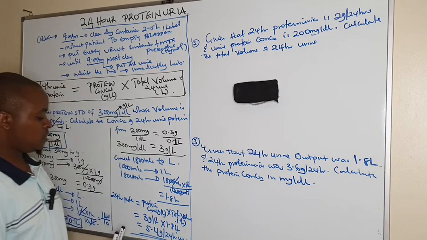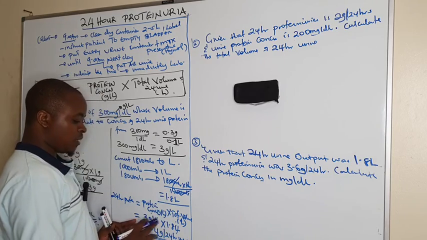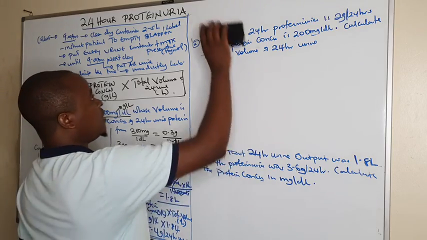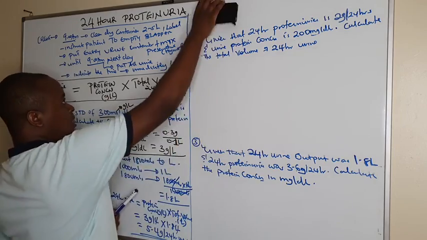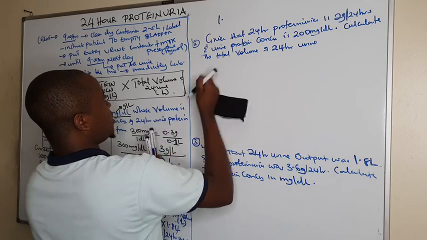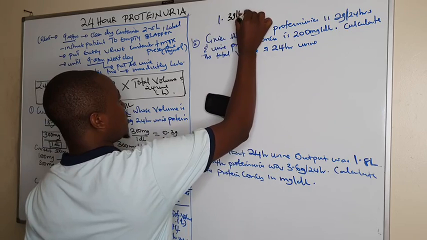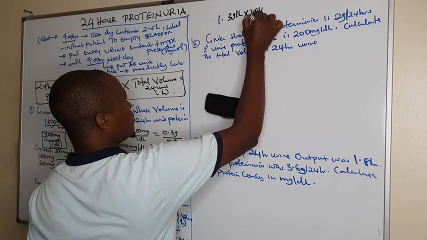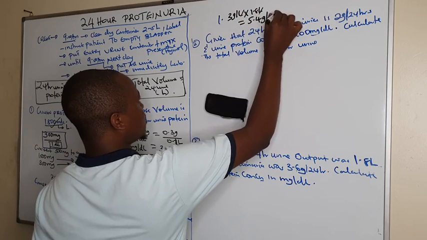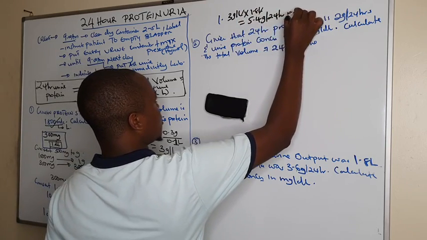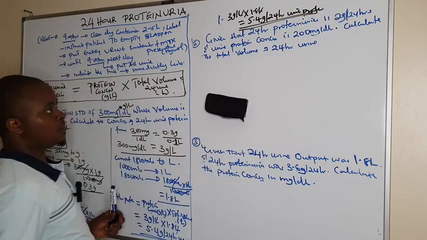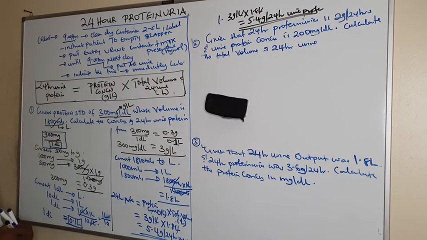So we have seen that 3 grams per liter times 1.8 liters, liter goes with liter, we get 5.4 grams per 24-hour urine protein. This is our final answer, because they wanted the 24-hour urine proteinuria.